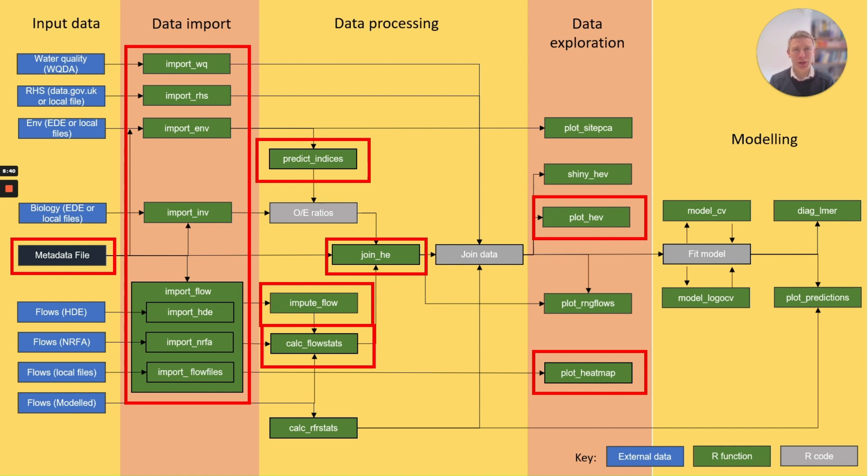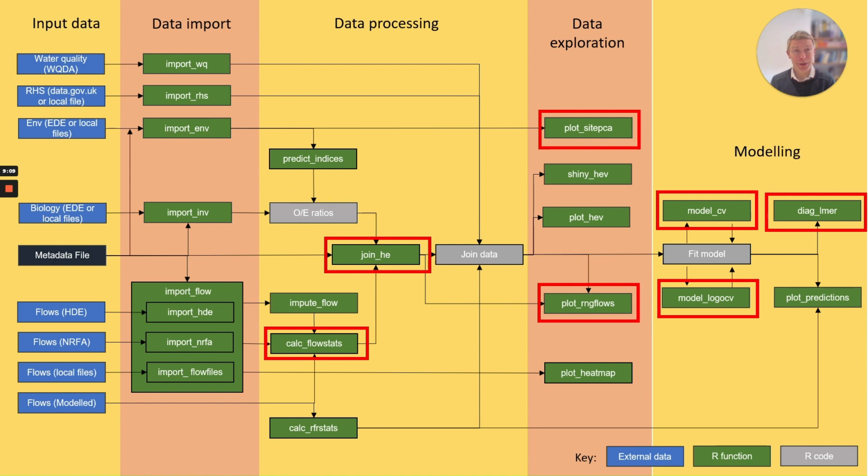And in workshop 1, we looked at a variety of functions which allow us to automatically import data from different open source data sets and online databases. We then looked at various different data processing techniques for visualizing, cleaning, summarizing and joining that data. And we also looked at HEV plots as a way of visualizing time series of hydroecological data.